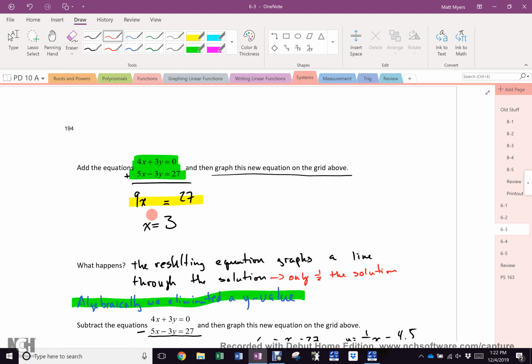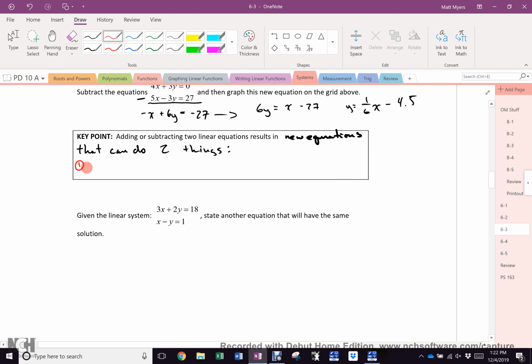Eliminating a variable, right? Eliminate a variable. Or 2, it gave us another equation to work with. Maybe that other equation is easier to work with.